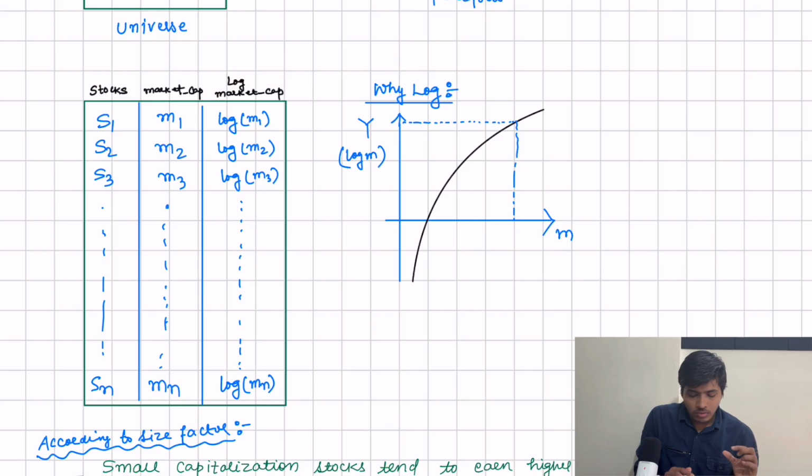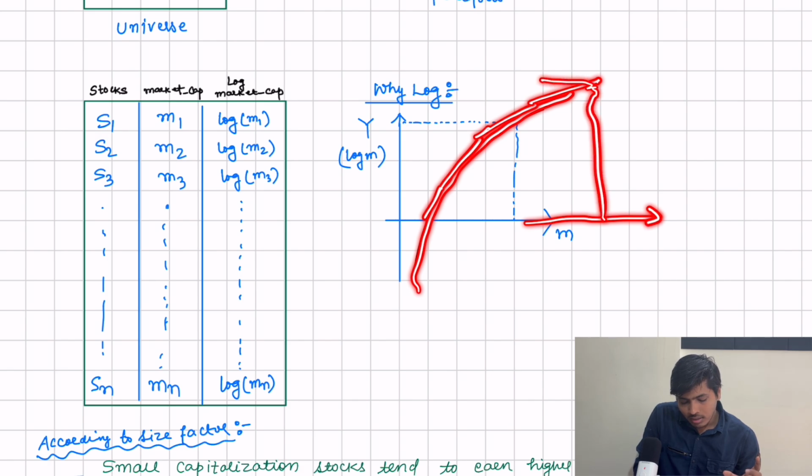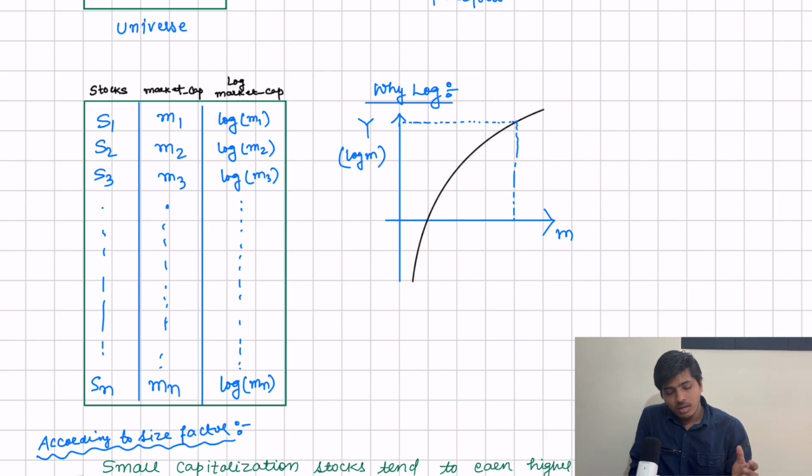So when you put log M, it is decreasing the value, because if you see the graph of log X, the slope is decreasing. So if the M is large, then the Y will not be too large, right? It will be in scale. That's why we are taking log market cap in place of market cap.